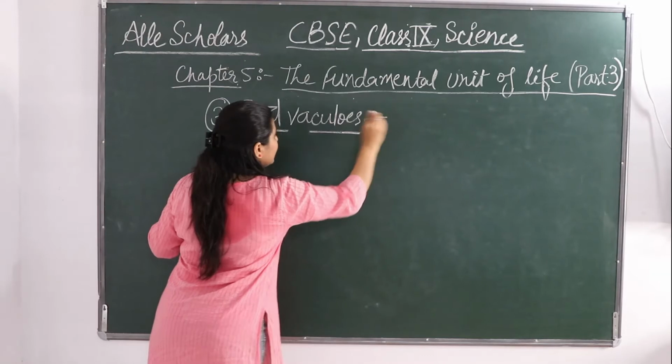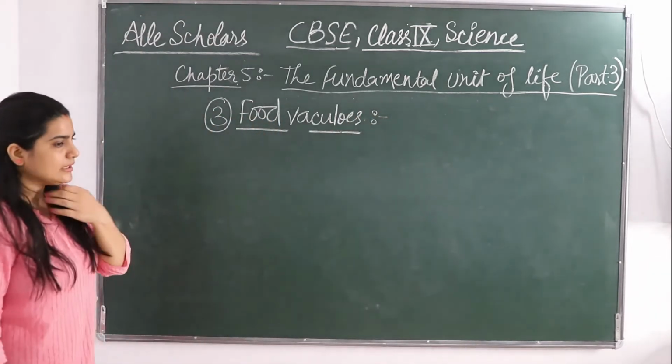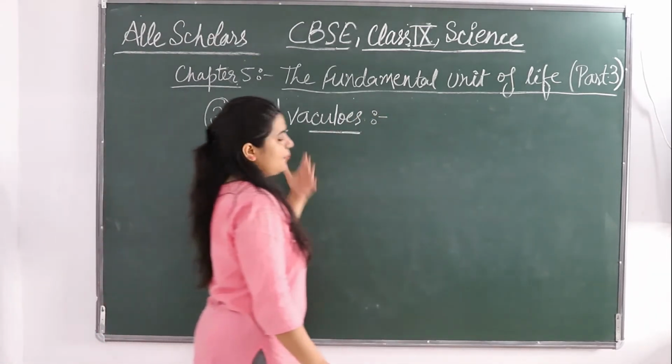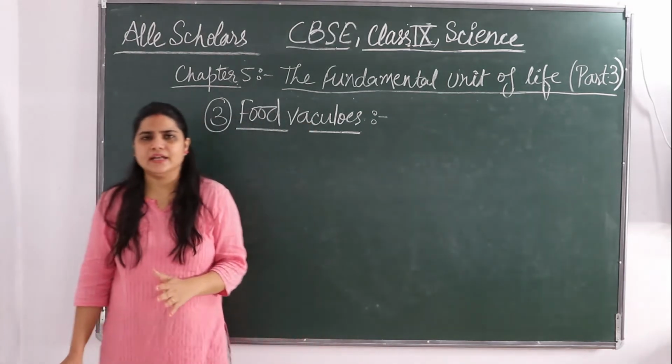So this type of vacuole is also found in amoeba and all. They are found in the cells of protozoans and some lower animals.